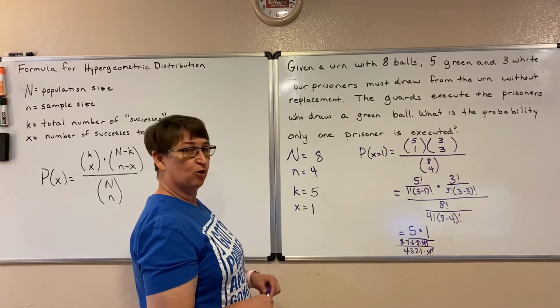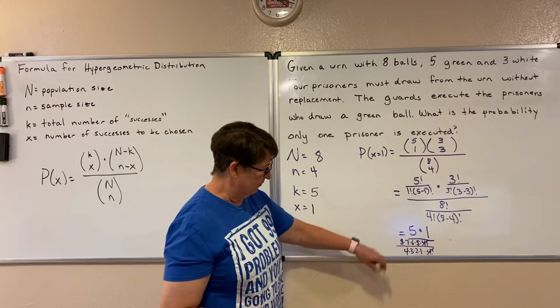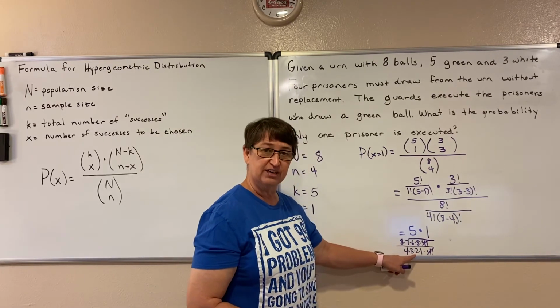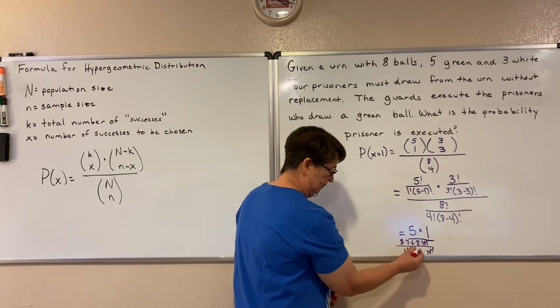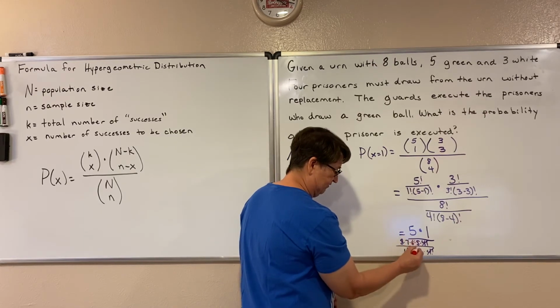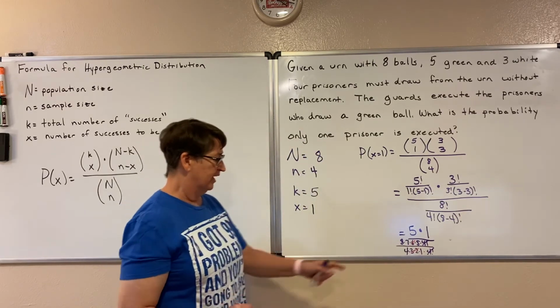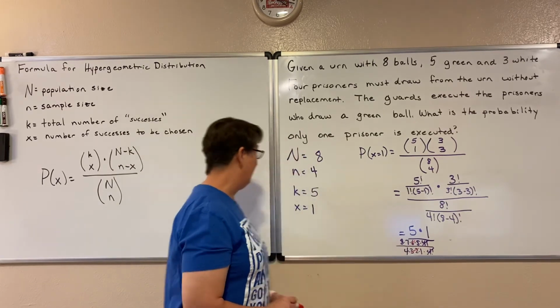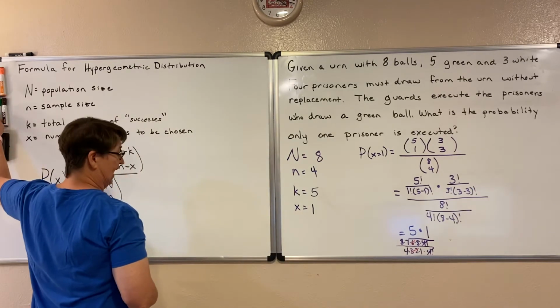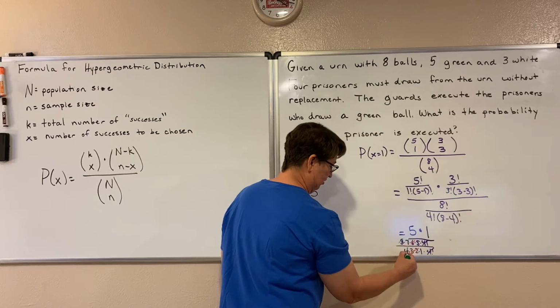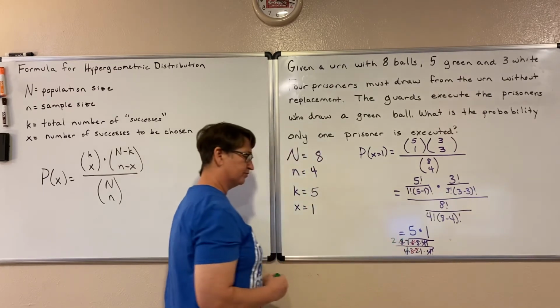I'm going to do a little bit more simplification down here on bottom. Notice that 3 times 2 gives me 6. So this 6 divided by that 6 equals 1. Then this 8 divided by that 4 gives me a 2.